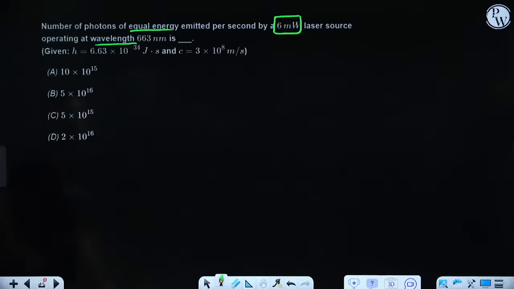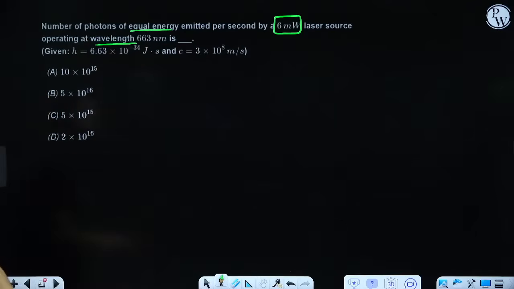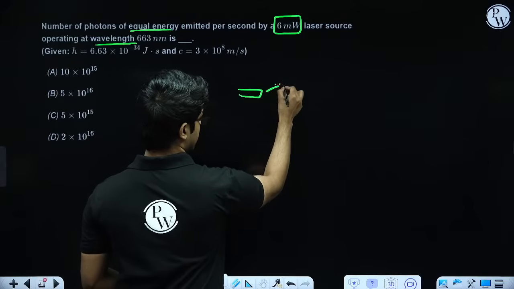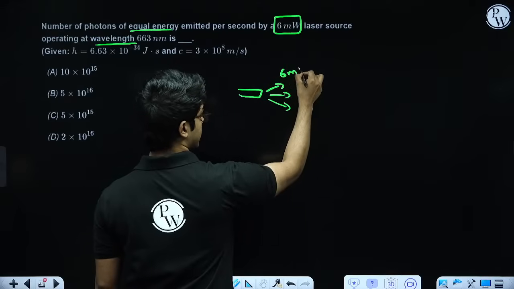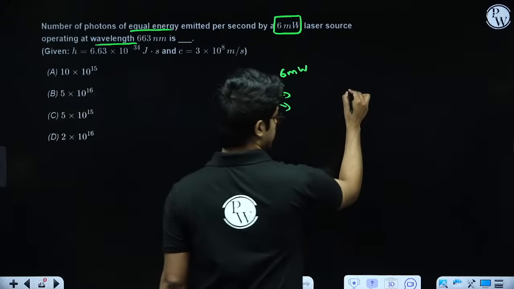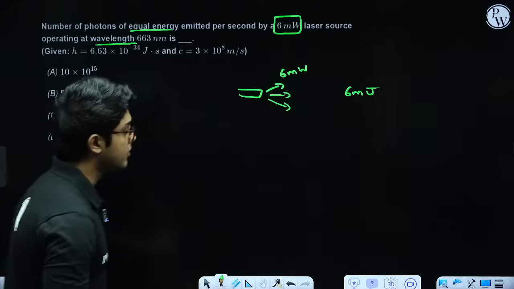Now the question is, what is the number of photons emitted per second if the laser is 6 milliwatt?